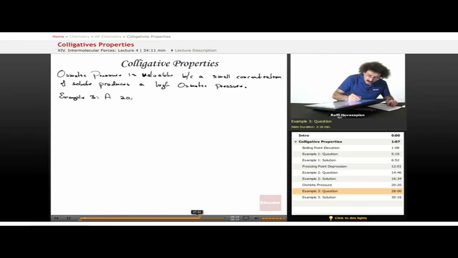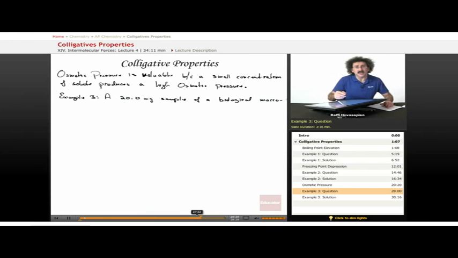So a 20.0 milligram sample of a biological macromolecule, and by biological macromolecule, I mean a protein. It could be a nucleic acid, RNA, DNA. It could be a very large sugar.